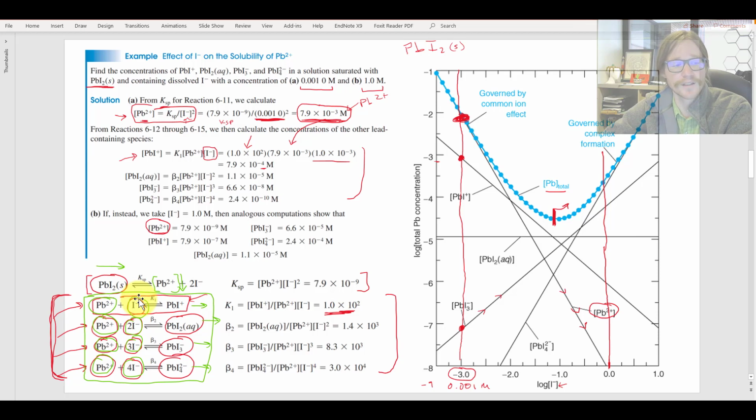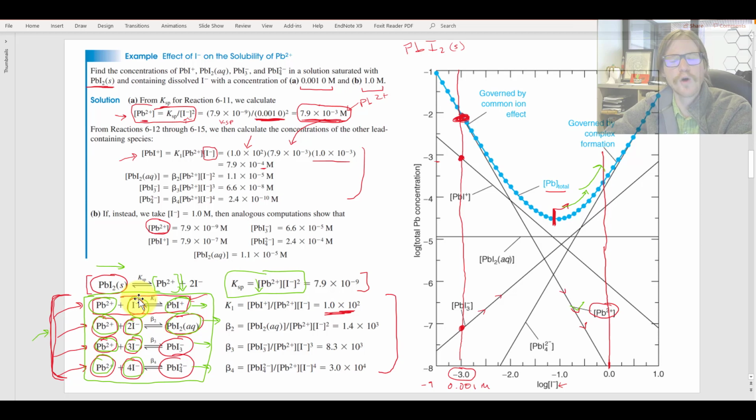It starts to continue to dissolve because this equilibrium here is no longer satisfied, because the lead 2+ starts to get depleted because it's used up in these other subsequent complexation reactions. And that's why we start to see this go up. Even though the lead 2+ is going down, we start to liberate more lead from the solid, which gets converted into all of these complexes.